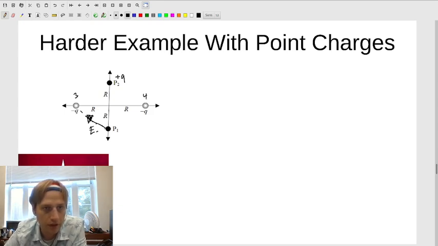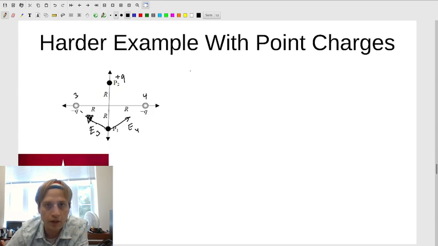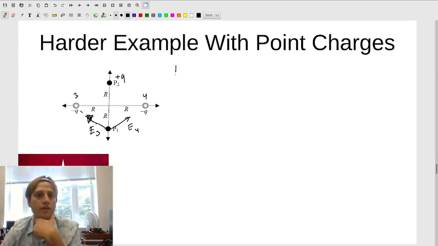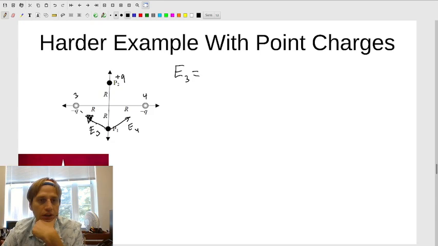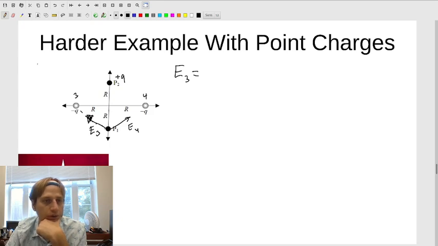So there would be my E3, here would be my E4. And in the first case, you just have E3. Now, if you're looking at this, the magnitude of that has to be KQ over R squared. Now, what is the R? Well, if I have a triangle like this, it's going to be R, R, and this is going to be square root of 2R.